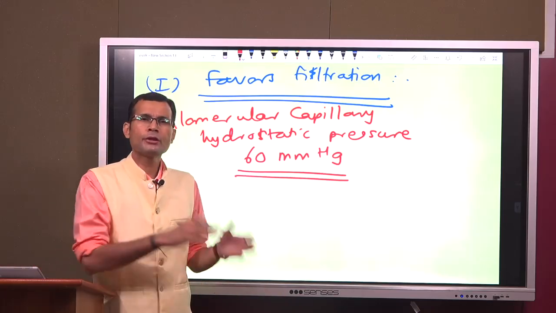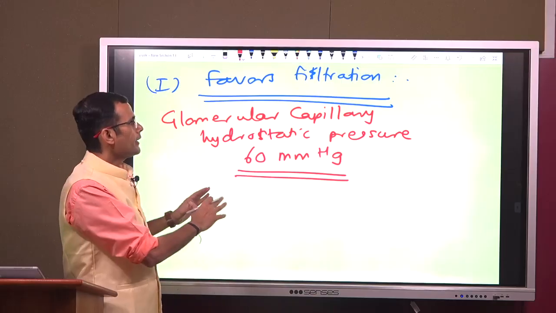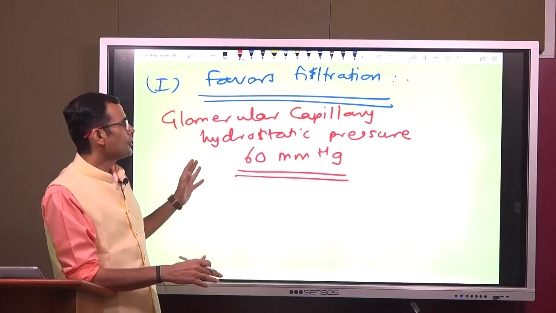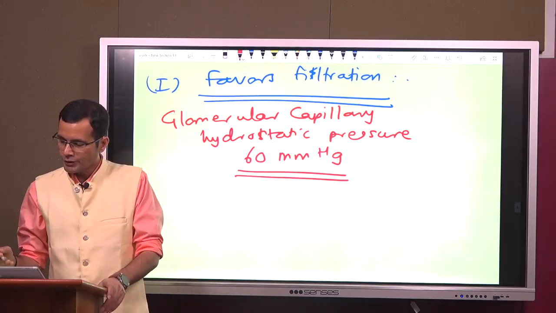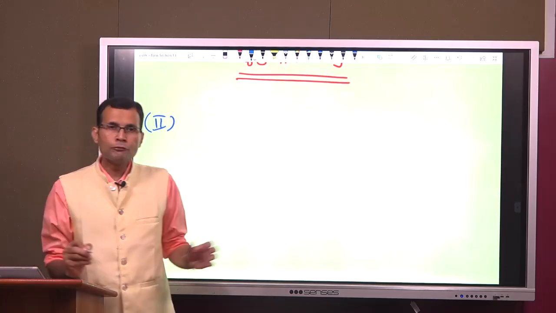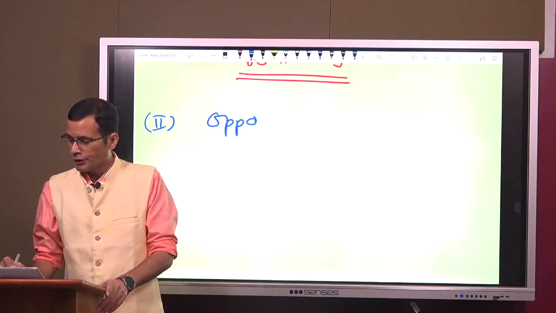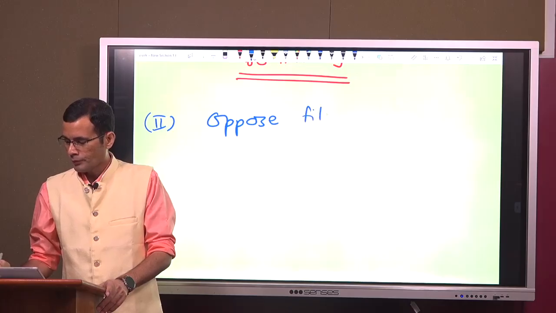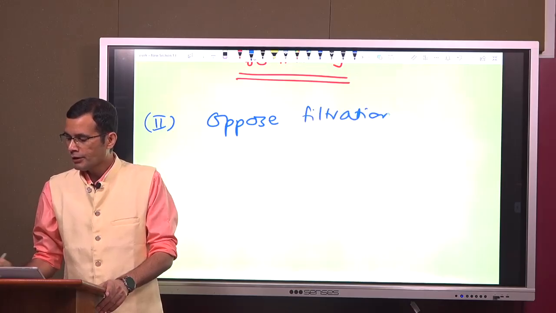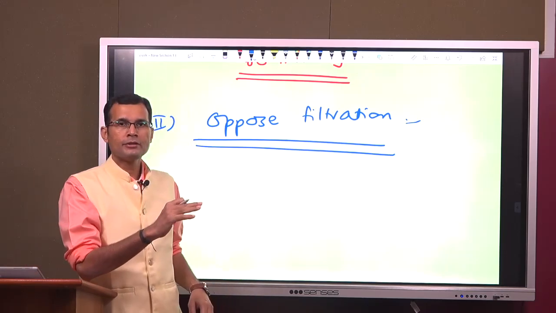It is 60 to 75, and some authors also claim it to be 75. Let's say 60 mm of Hg is a force that favors the filtration. And then there are two forces or two pressures which oppose the filtration, meaning they will tend to cause the movement back into the capillaries.